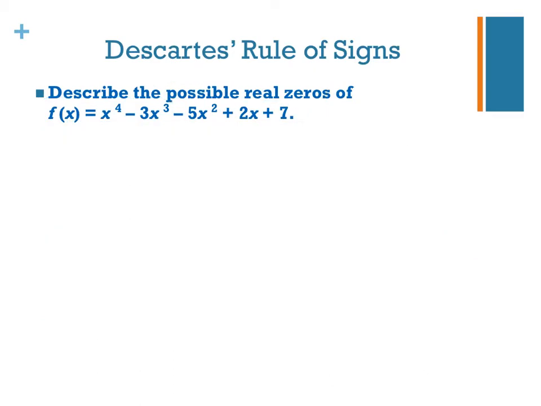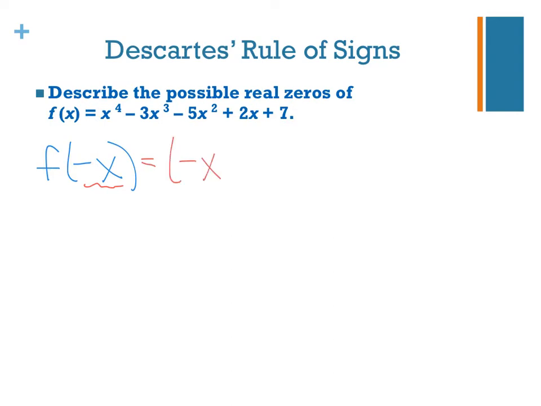Okay, so we now have to describe the possible number of negative real zeros. And we do that by first finding f of negative x, because again, we want to find the negative real zeros, and to do that, I evaluate my function at negative x.